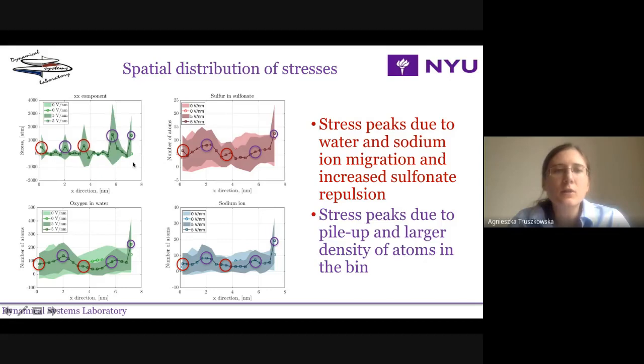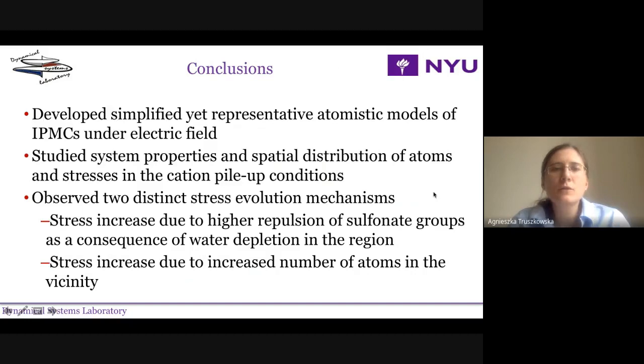And the second category of peaks, the purple peaks, are related simply to an increased presence of different types of atoms in that particular region. So in conclusion, we have developed a simplified but representative atomistic system, and studied the properties and spatial distributions of atoms and stresses in the cation pileup conditions.